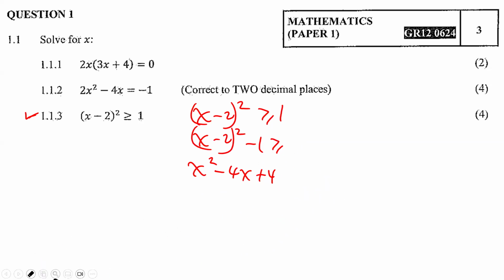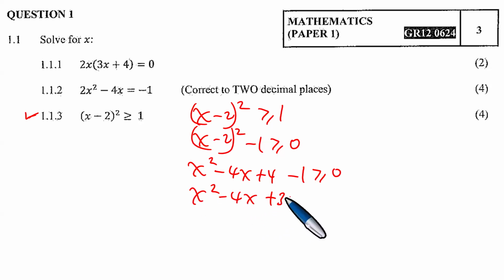If you transpose the 1, then you'd have a 0. If you square this binomial, you get x² - 4x + 4, but there is this 1 transposed across the inequality, giving us x² - 4x + 3 ≥ 0.